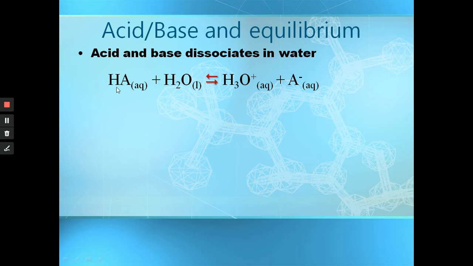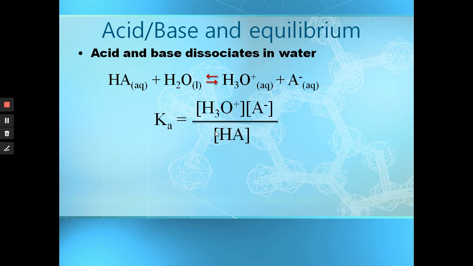And then when we mix that into the water, the hydrogen from the acid will dissociate and be attached to the water to create the hydronium ion. And hydronium ion can also be considered just a hydrogen ion. They're basically the same thing, and they can be used interchangeably. And then the A, which is an anion, doesn't have a hydrogen anymore because the hydrogen got detached.